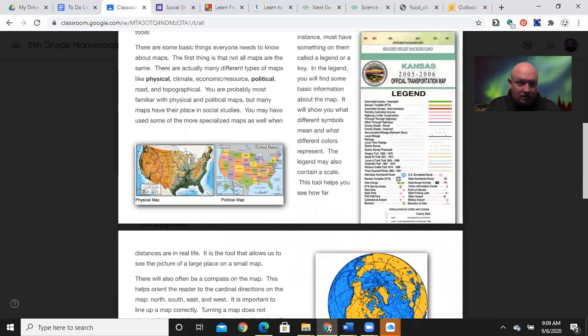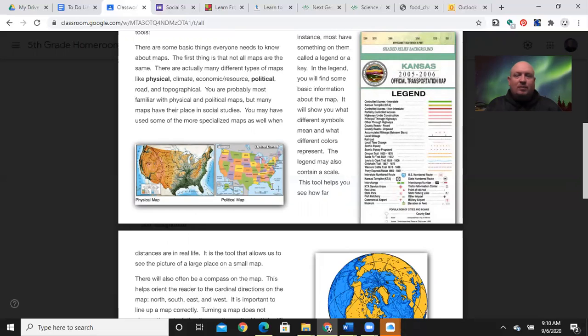And where I'm pointing here, first is a political map. You see the state borders here, although if you go into a state map, you might see county borders, including reservations such as ours. You see a physical map where you can see, okay, here's where the more mountainous and higher terrain is. Here are river valleys. Here's coastal plains.